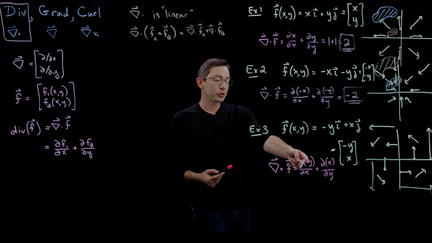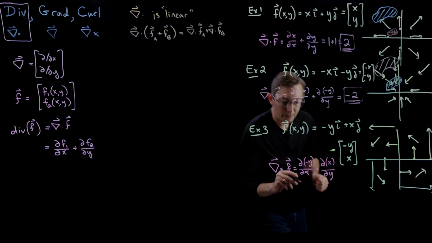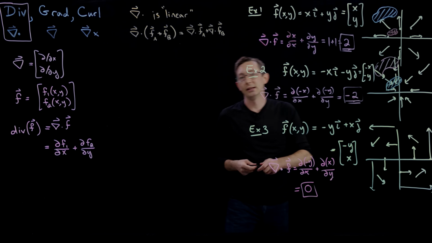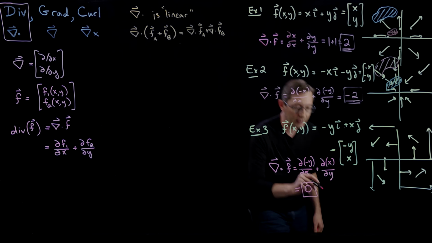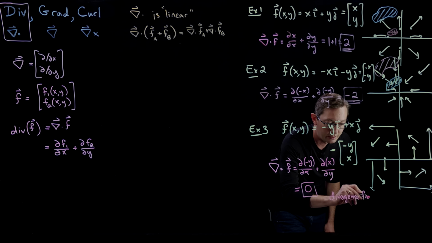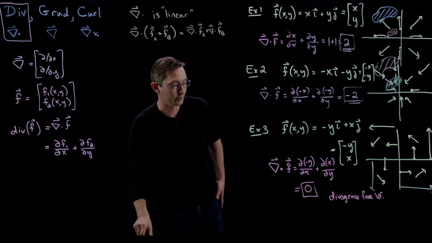Now, partial of y with respect to x is 0, and partial of x with respect to y is 0, so this vector field has 0 divergence. It is divergence free. I'm going to write that down. So this is called a divergence-free vector field.